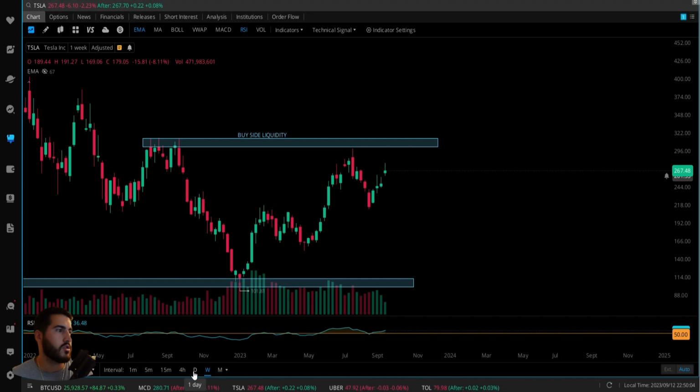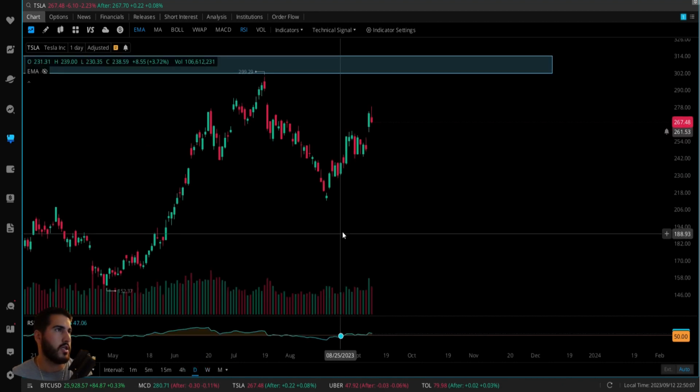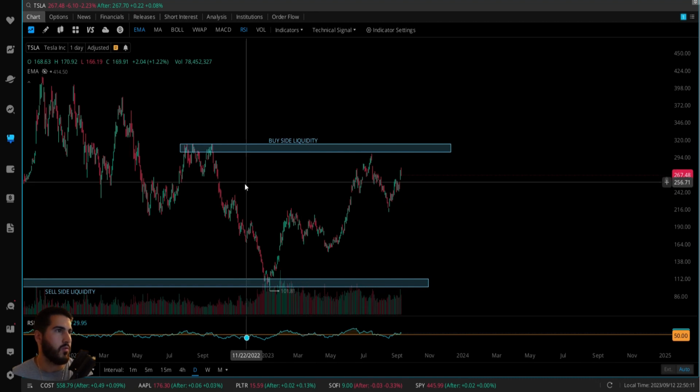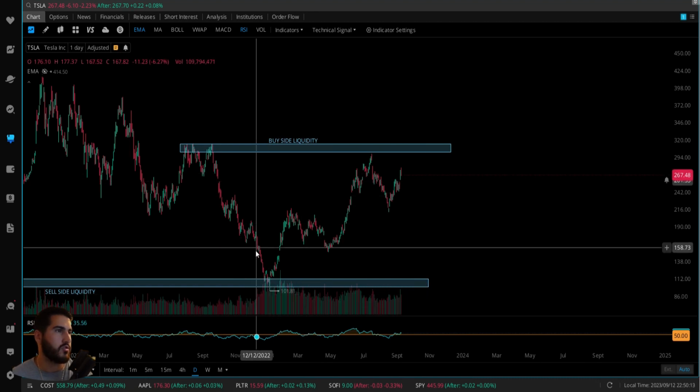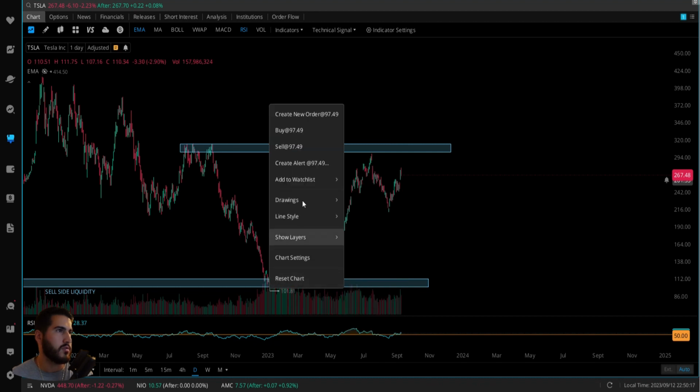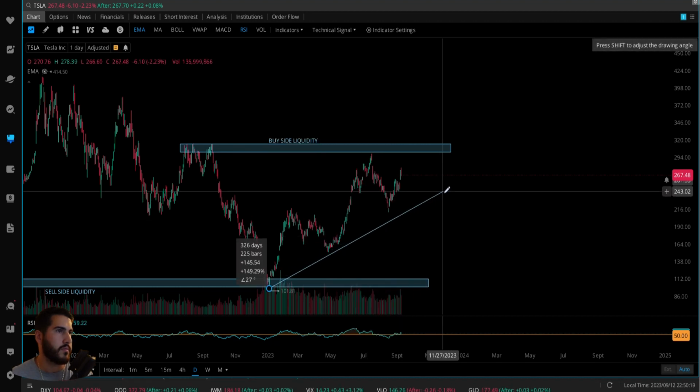So now let's go to the daily chart and start drawing some of this in a little bit more detail. What we do want to draw is this trend line that I see here on the daily candles. Come down here, trend line.